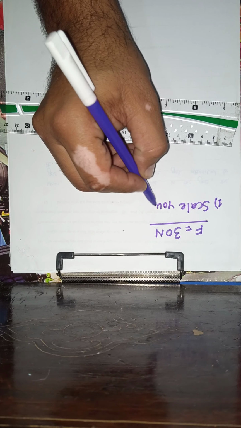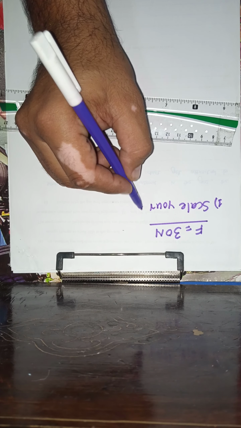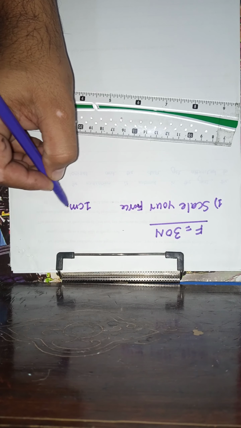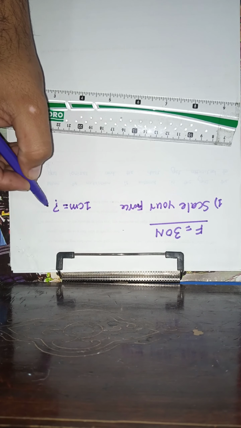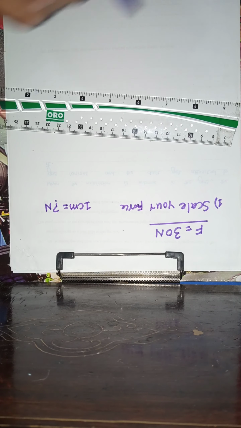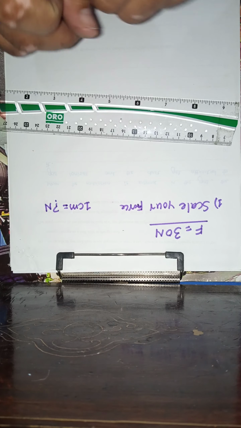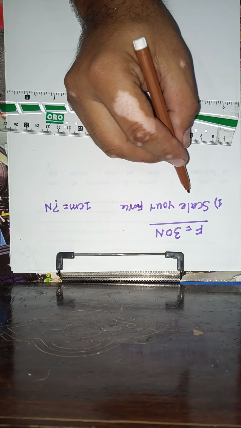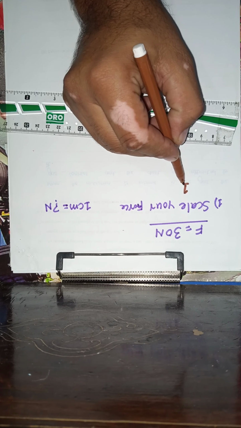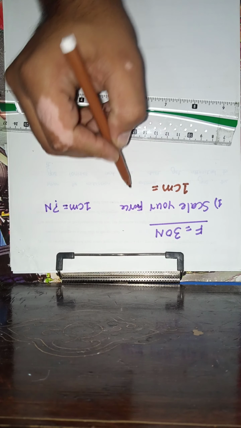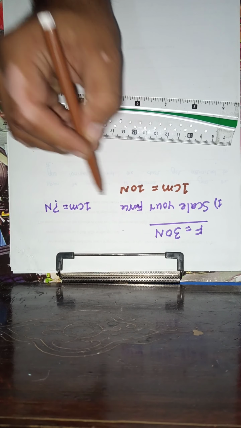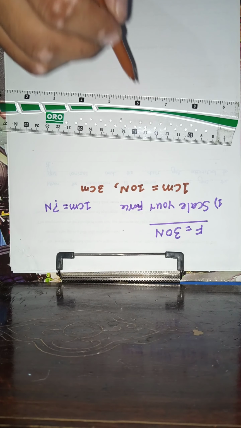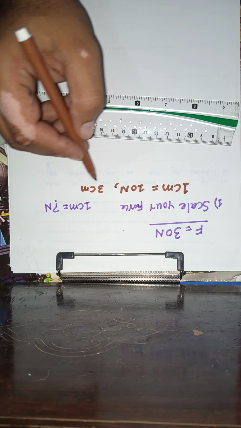Scaling your force means that you have to show 1 centimeter is equal to how many newtons. Here I have a 30 Newton force. For a 30 Newton force, a good scale is, if 1 centimeter is equal to 10 Newton, I will get a 3 centimeter long vector, or 3 centimeter long arrow.